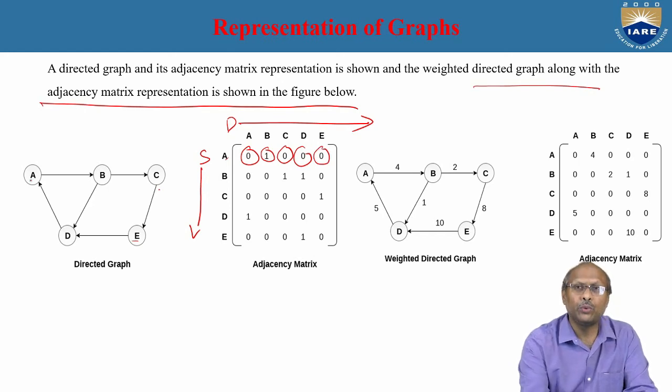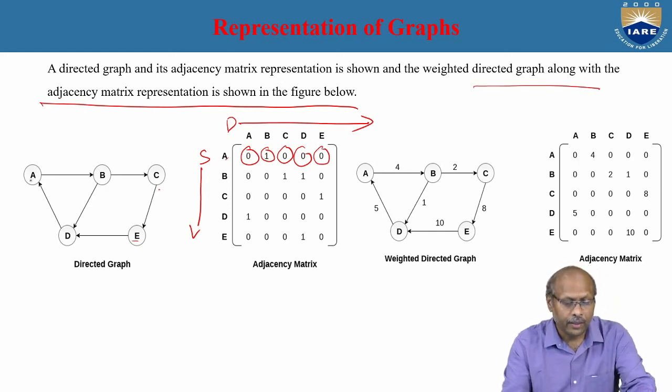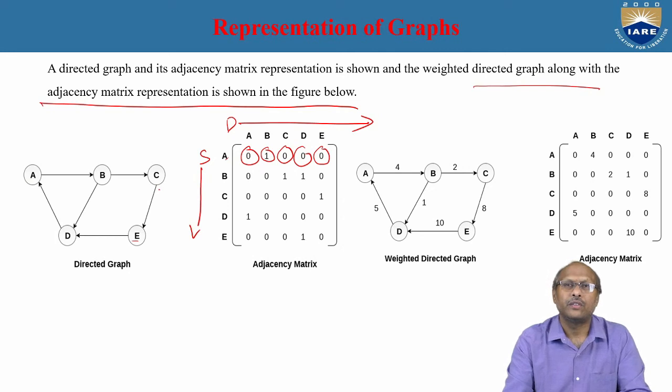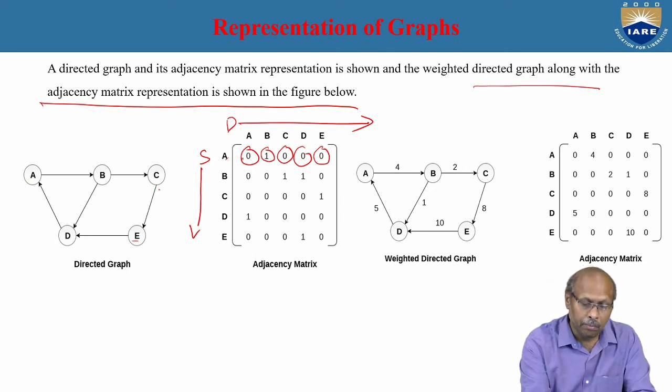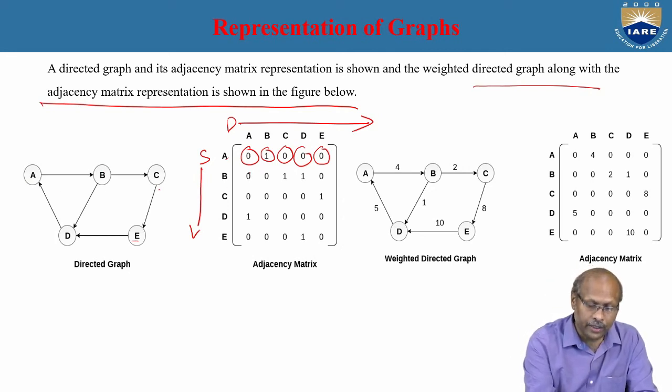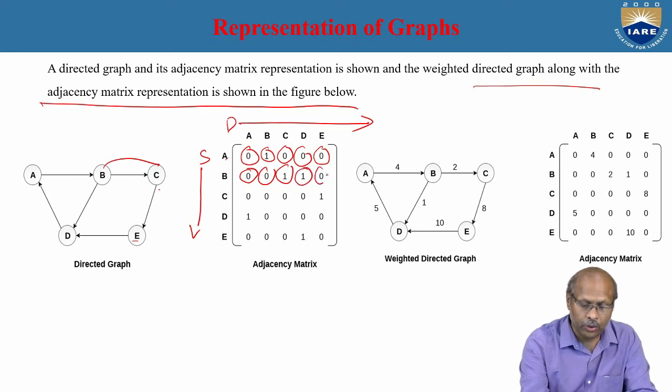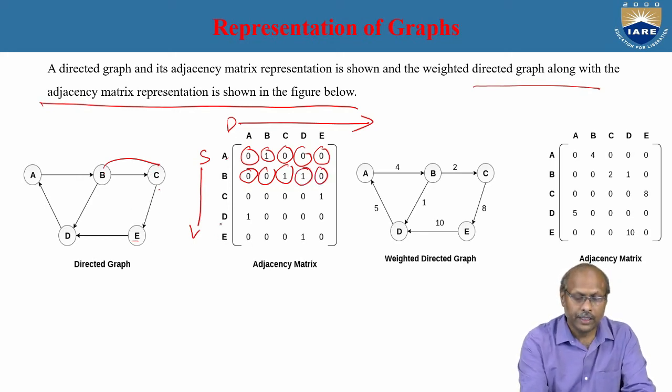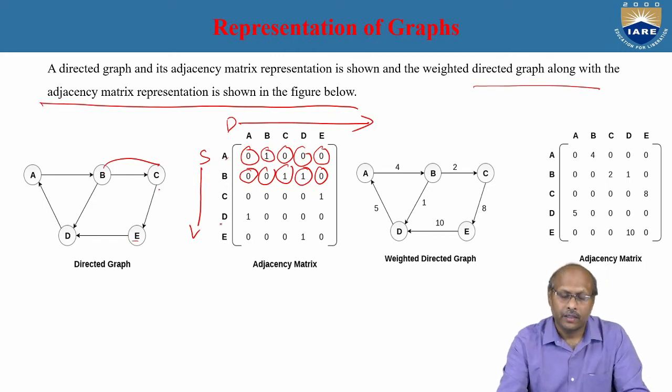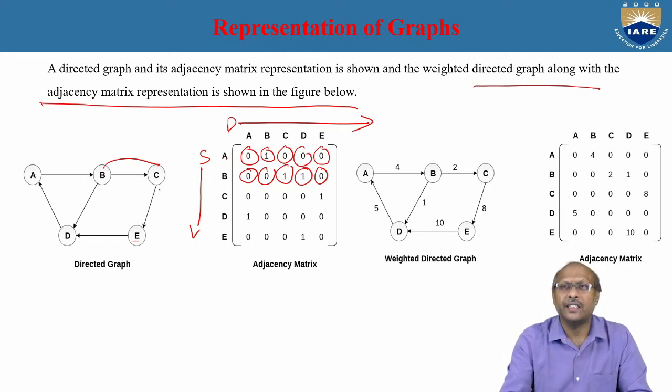So that means if you observe from A, you can go to only B, because there is only one. Similarly, B to A is not there, so 0. B to B is not there, 0. B to C, there is an edge, so write here 1. B to D, there is an edge, so 1. B to E, no edge, so 0. Like this, you can represent the directed graph using an adjacency matrix.